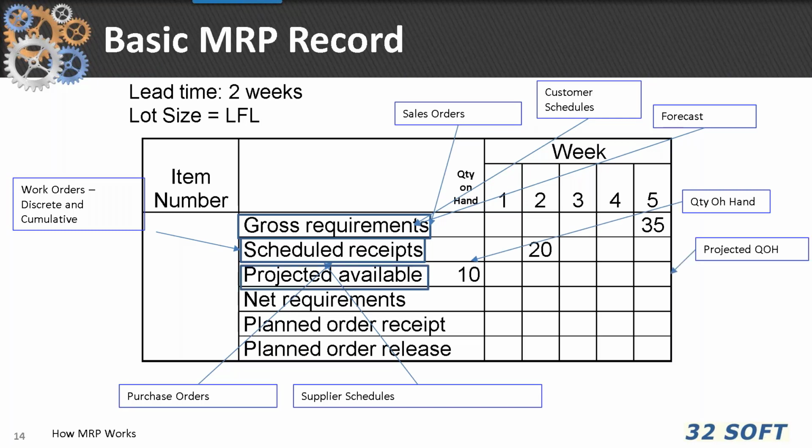Now throughout the horizon, in this case 5 periods, we can calculate the quantity on hand in period t by taking the quantity on hand in t-1 plus scheduled receipts in period t minus gross requirements. So we can see that at the end of period 1, we still have the 10 that we had on hand, but now we've got 20 as a scheduled receipt coming into inventory during period 2.